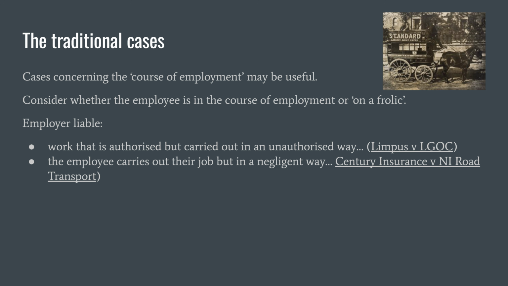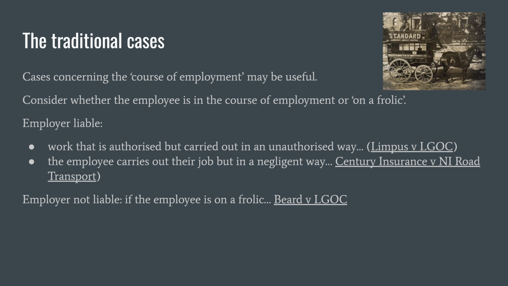And in Century Insurance, the petrol tanker driver was doing his job by transferring petrol to the petrol station, but he did it negligently as he was smoking and he caused a fire. The only time an employer won't be liable is if the employee is on a frolic of their own. And in Beard, the employee's job was a bus conductor checking tickets, but he actually drove the company's bus and caused an accident.